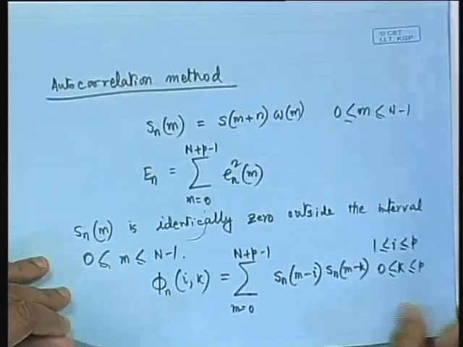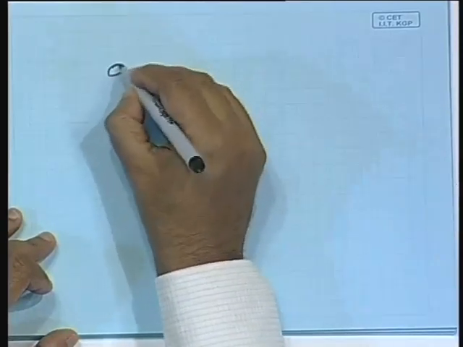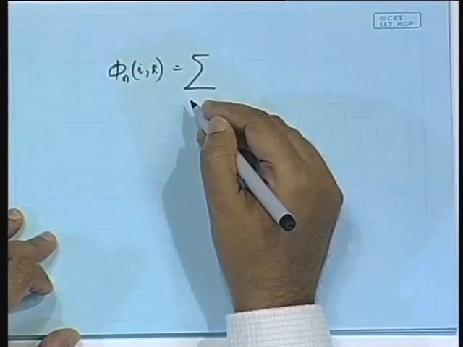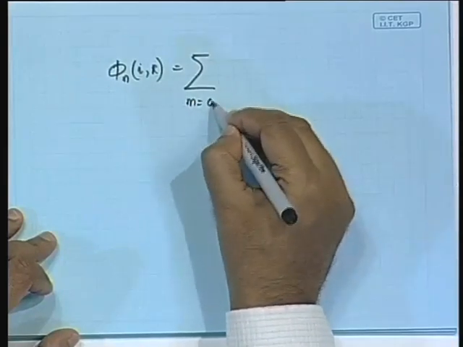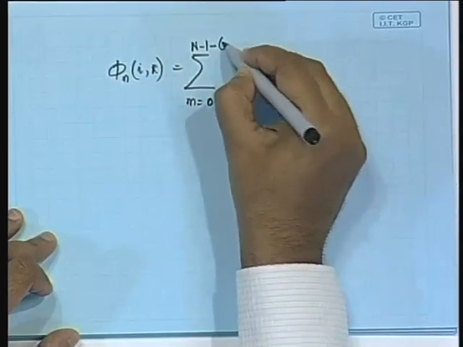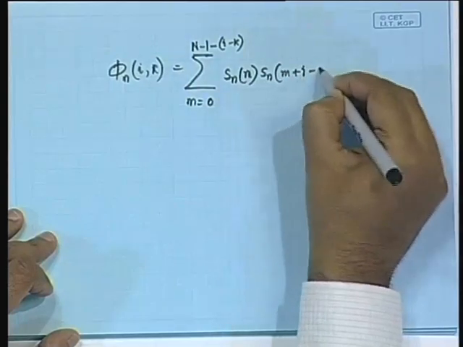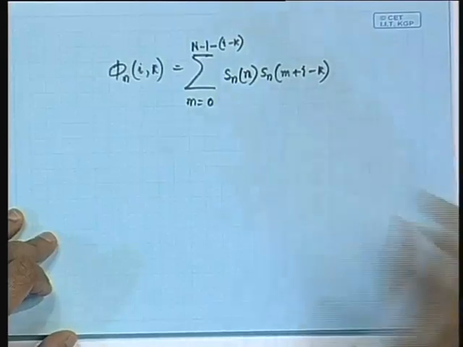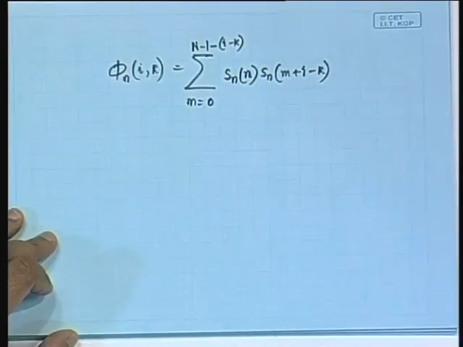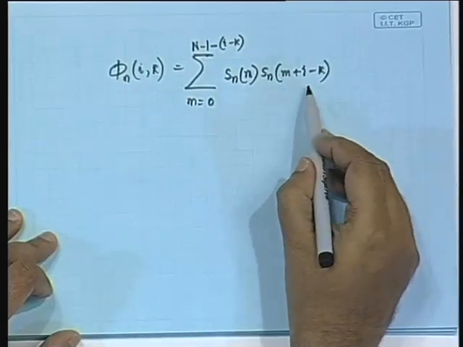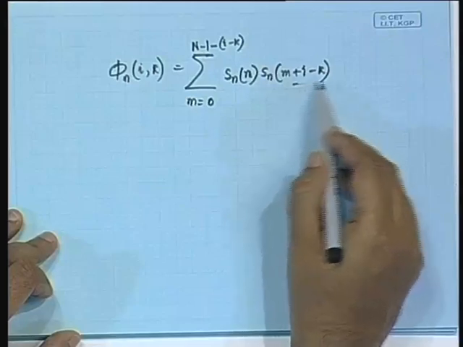By substitution we can express phi n(i,k) as equal to the summation of m equal to 0 to N minus 1 minus i minus k, okay, Sn(m) into Sn(m plus i minus k), okay, and in this case this phi n(i,k) is nothing but the short time autocorrelation function, evaluated with a lag of i minus k.